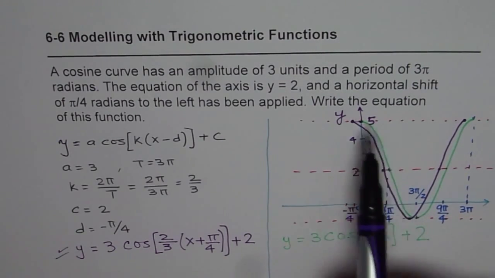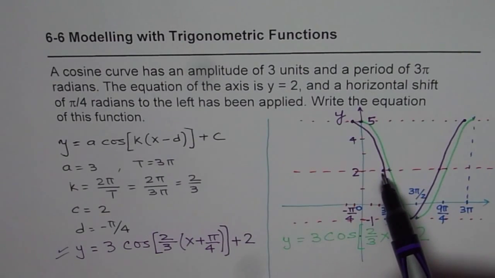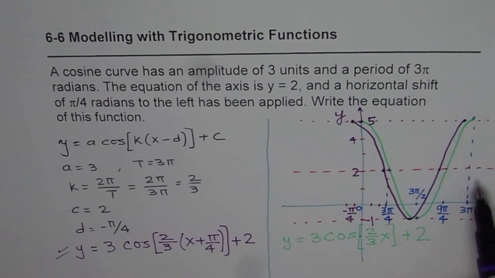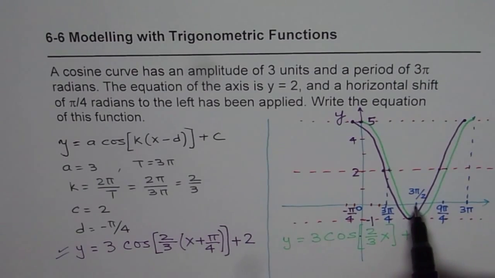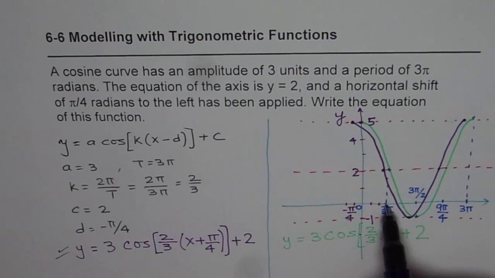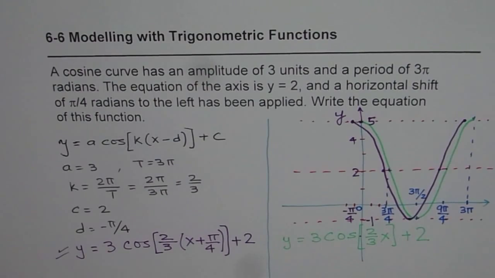You get that by adding and subtracting the amplitude from the axis. Then make a wave. Wherever it ends, that is one period. Write it down. Divide this period into 4 equal parts. Then you have your graph. That is how you should be sketching your graph. I hope that helps. Thank you and all the best.